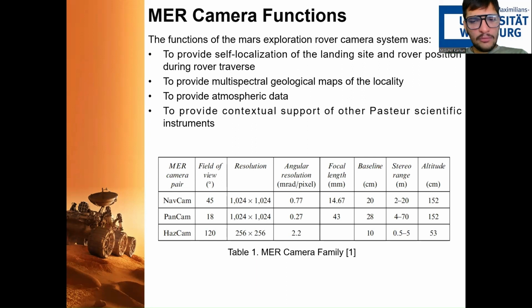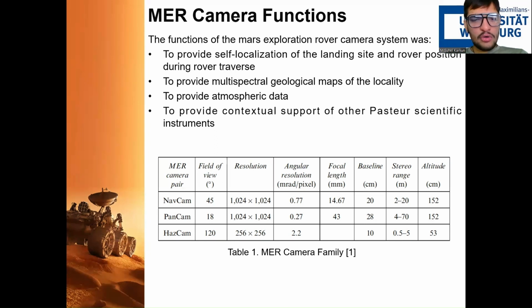The focal length of navigation cameras is 14.67 mm, and the panoramic camera, as I discussed, requires high resolution, so its focal length is 43 mm. The baseline of navigation camera is 20, and for panoramic camera and hazardous camera it is 28 and 10 cm.